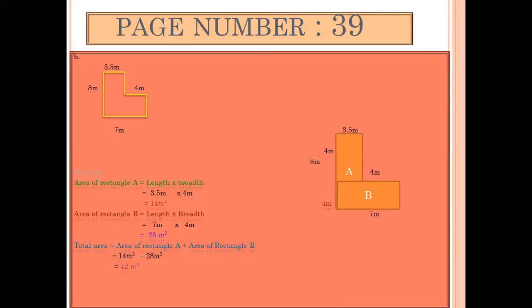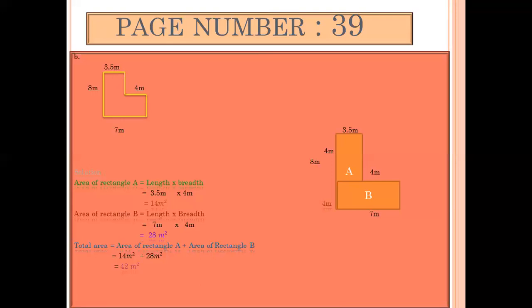Area of the rectangle is length multiplied by breadth. Length is 3.5 meter and breadth is 4. After multiplication, the area of the rectangle A is 14 meter square.